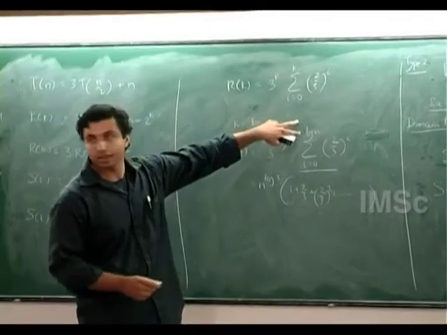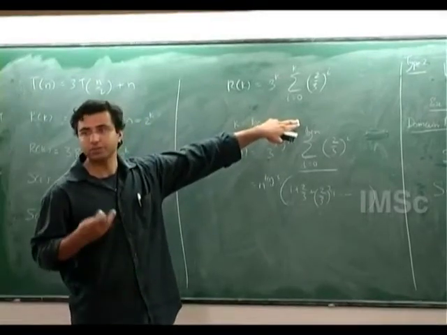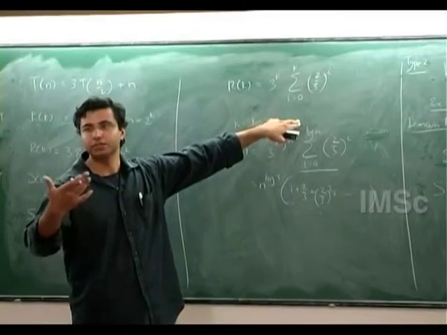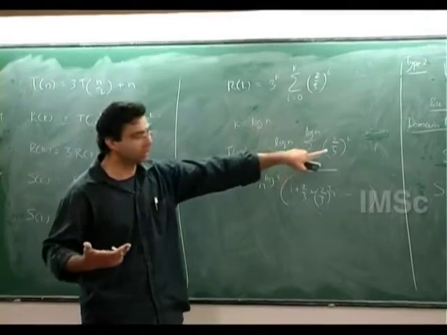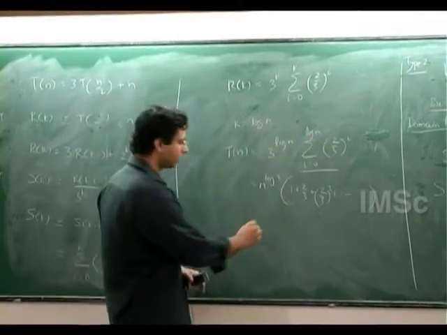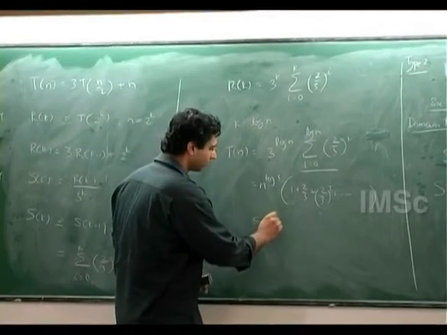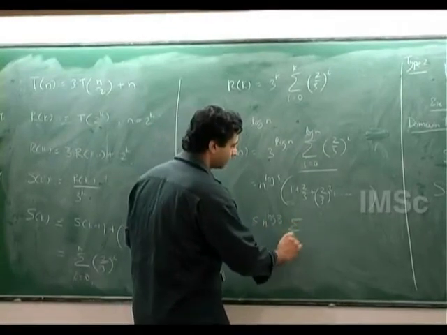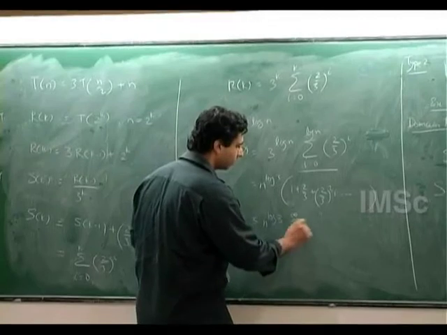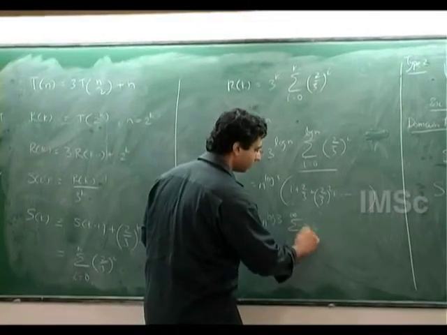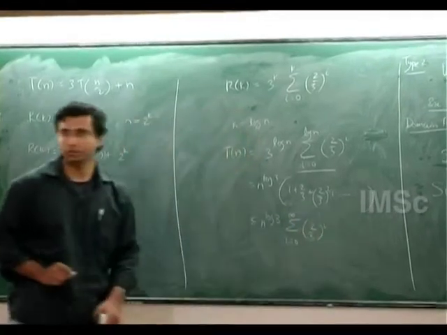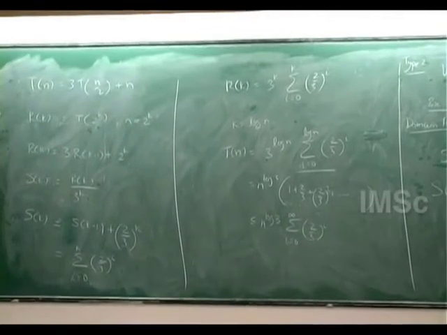It terminates here, but since it is a geometric summation, I can take it to infinity, because 2 by 3 is less than 1. I can say that this is less than n raised to log of 3 times summation i from 0 to infinity, 2 by 3 raised to i.